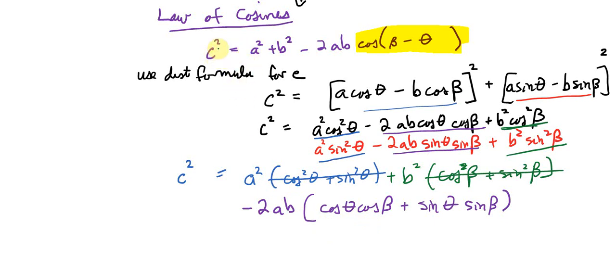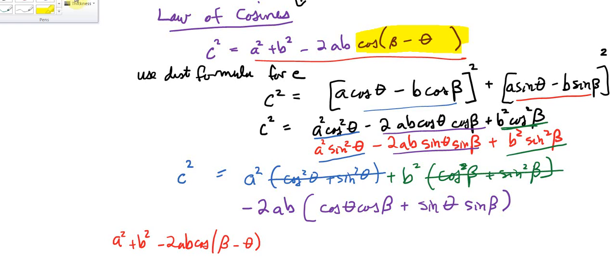The law of cosines says something about c squared. Our work with the distance formula also says something about c squared, so we can set the two of them equal to one another. The first version of c squared is a squared plus b squared minus 2ab cosine of beta minus theta.